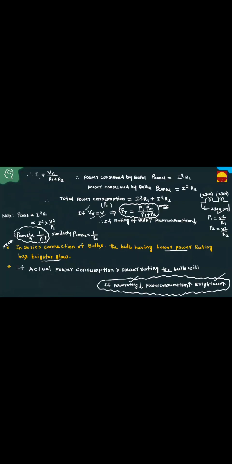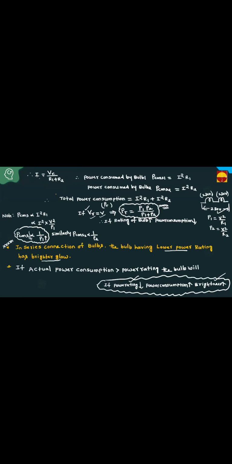If you want proof, I'm giving the proof also, friends. Note: here I gave total power consumption equal to I square into R1 plus I square into R2. Correct? Taking I square common, this is I square into R1 plus R2. Then what is I?